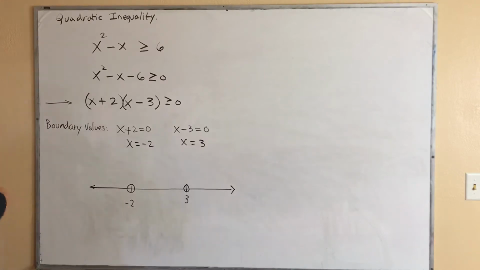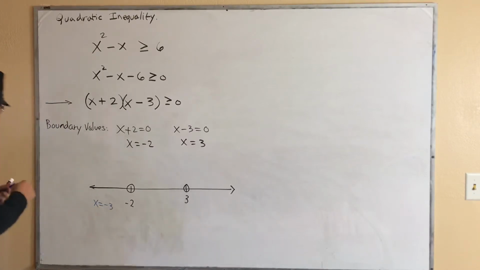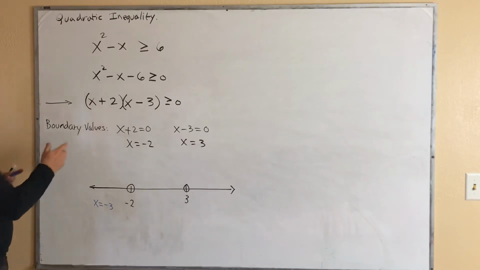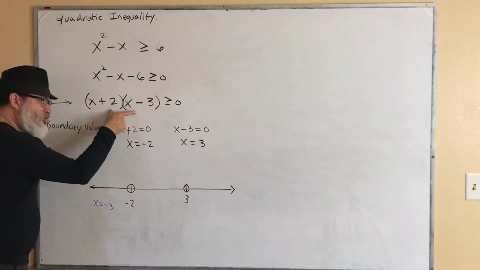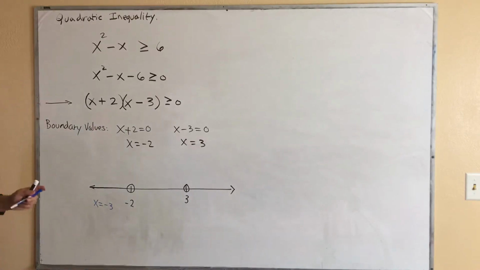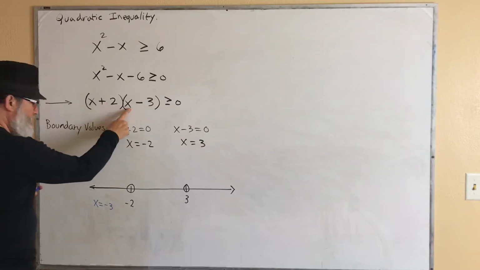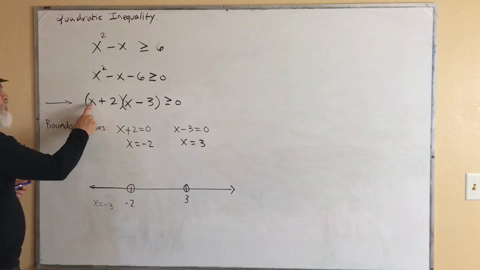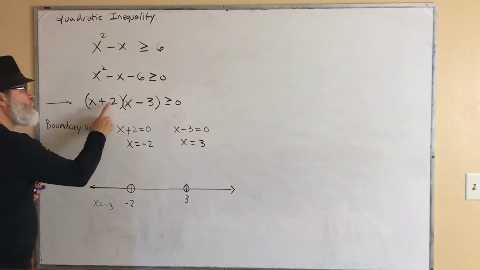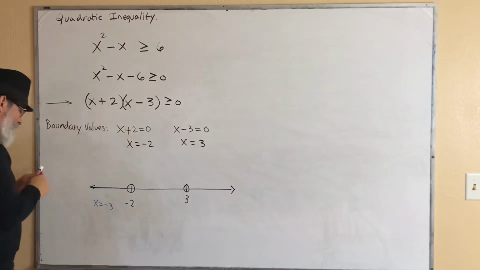So let's pick x equals negative 3 and plug it into the factored inequality. Watch how easy this is. What's negative 3 plus 2? Negative 1.